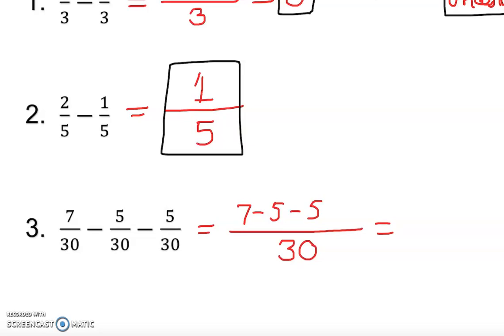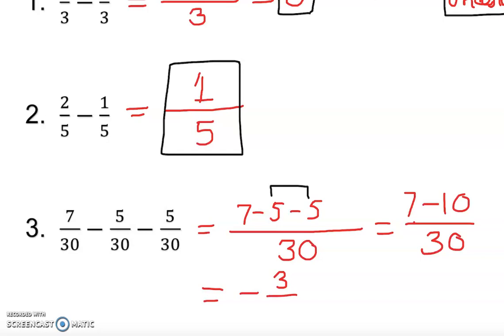It's basically add with same sign, add with different signs. So 7 minus 10, you add with same sign, this 2. Keep the sign, add the number, and of course divide by 30, and it's going to give us negative 3 over 30.